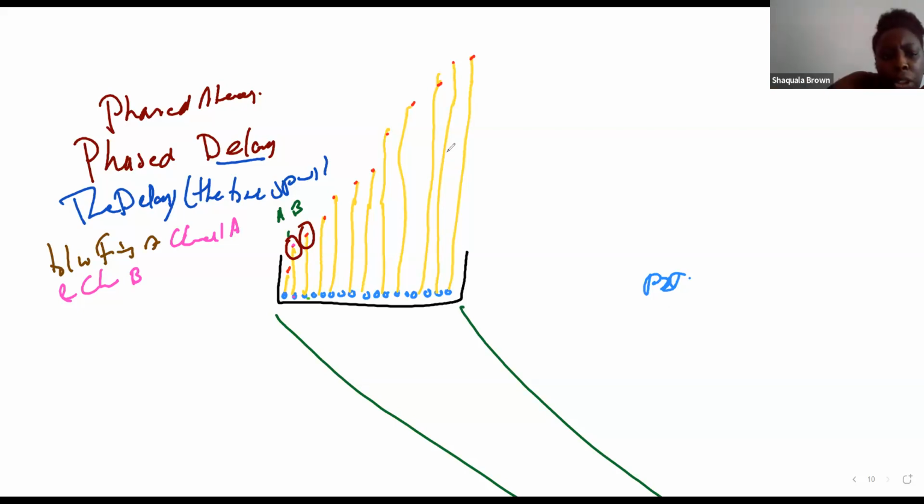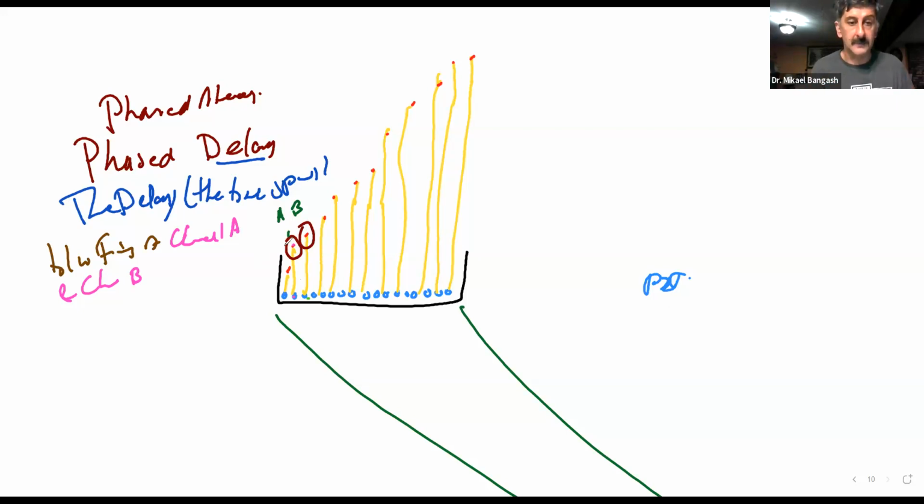Just to recap, phase delay is the time between the firing of the PCTs. The time between the firing of consecutive PCTs, because they will not be firing at the exact same time. So there's going to be a smaller delay. That delay is referred to as a phase delay.